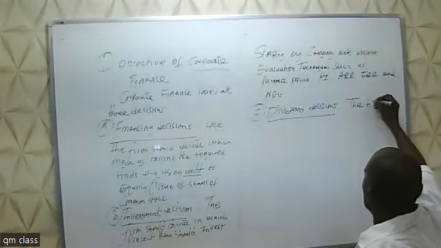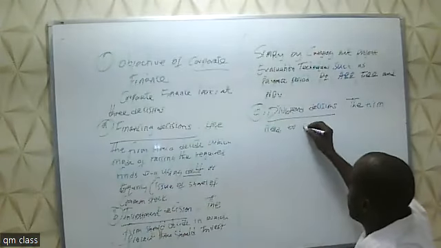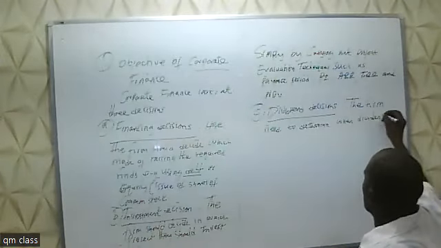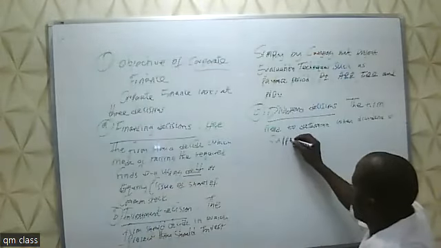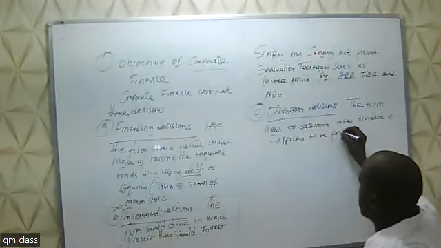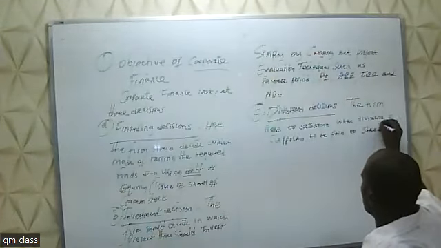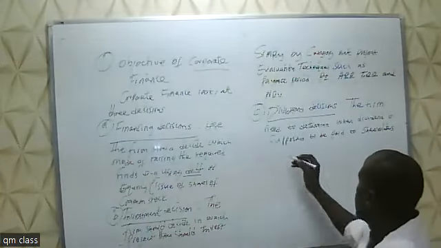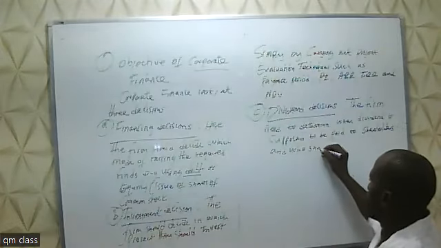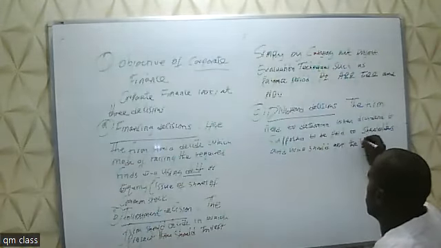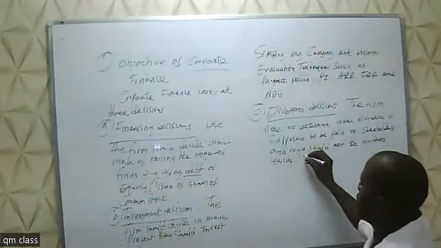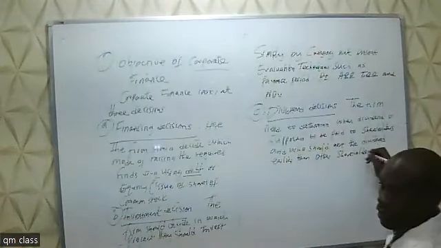The firm needs to determine when dividend is supposed to be paid to shareholders, and who should get the dividend earlier than other shareholders. So this is on the objective of corporate finance.